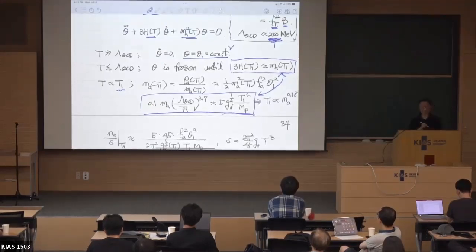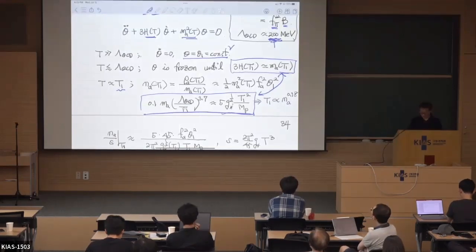This is the Hubble parameter. And then from this, you can determine what T1 is, right? So basically, T1 is proportional to m_a to the 0.18, which is a fun value as an exponent.